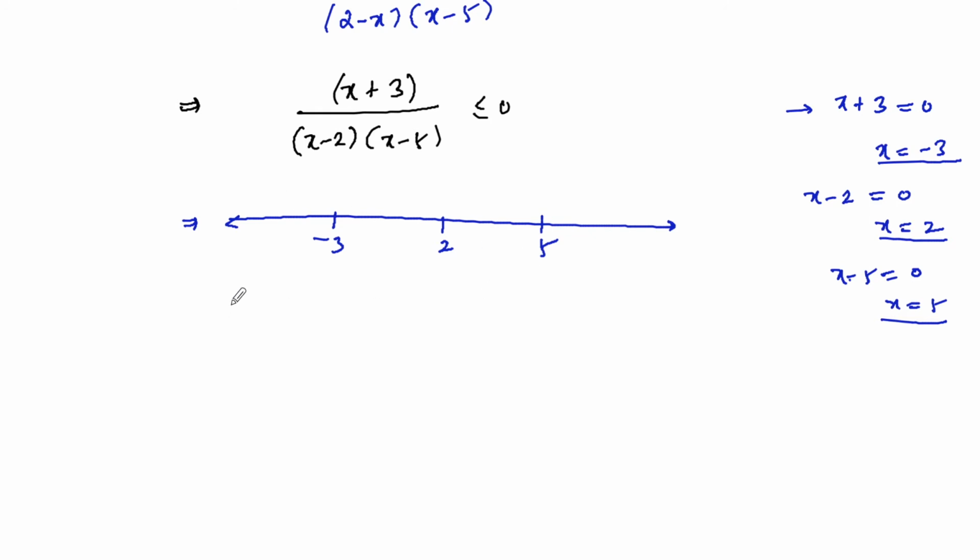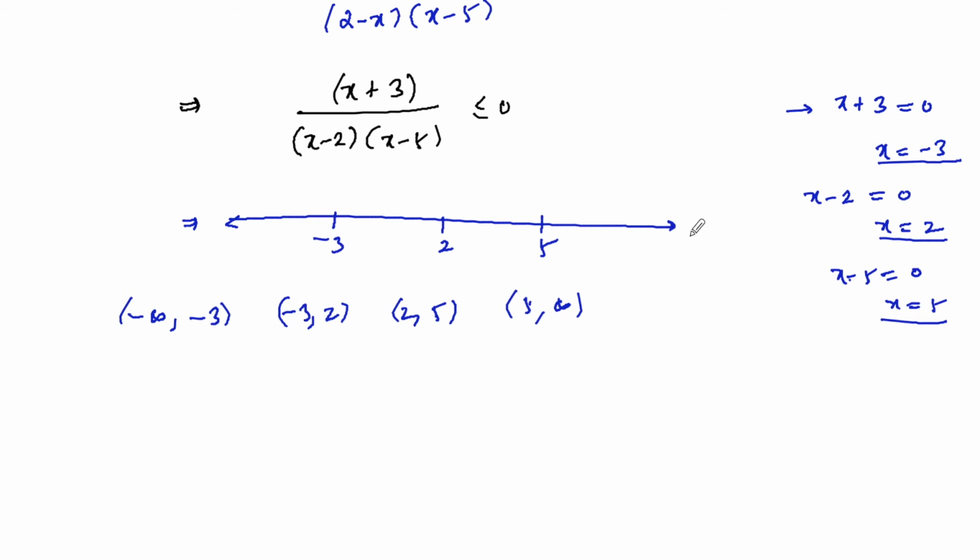Minus infinity to minus 3 is one interval, minus 3 to 2 is another interval, 2 to 5 is another interval, and 5 to infinity. So whether it is less than or equals to 0 in any of the intervals, that you have to check by taking any one example generally, or by using the Wavy curve method.